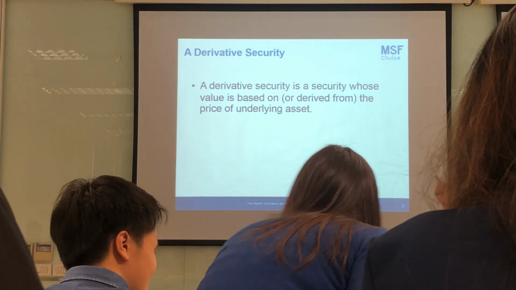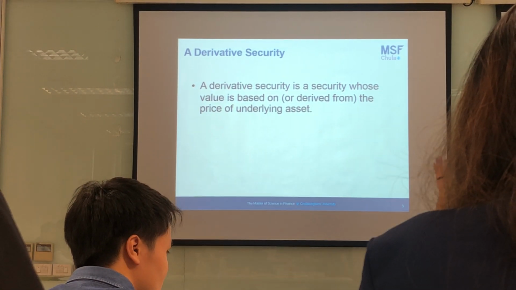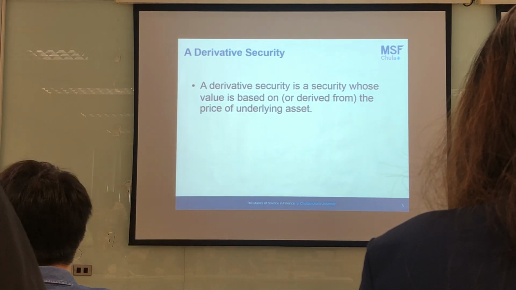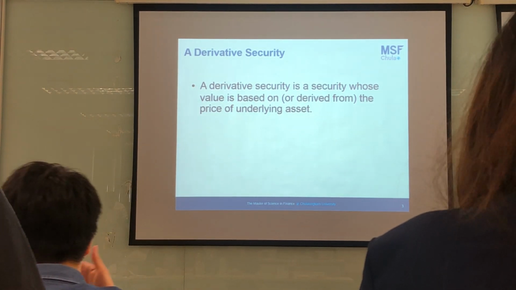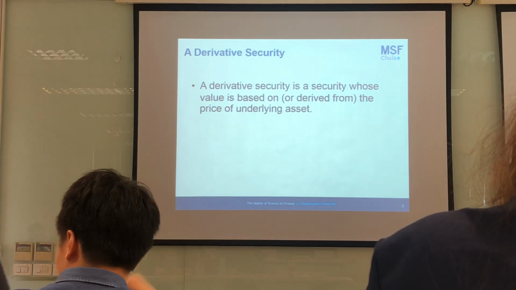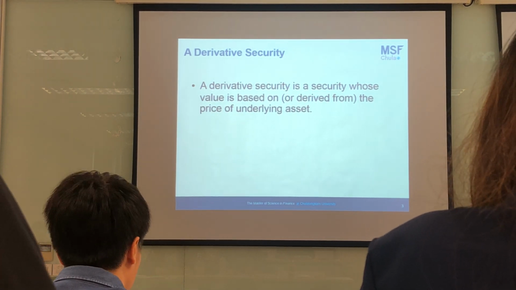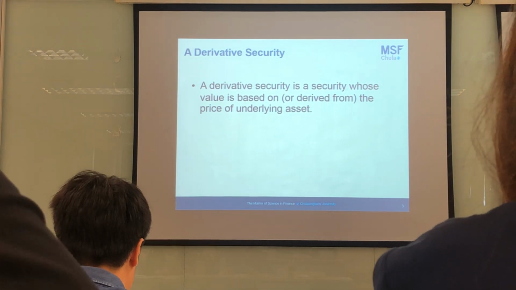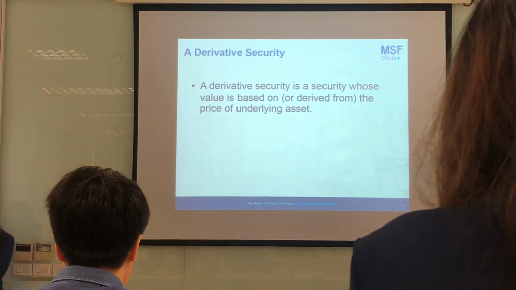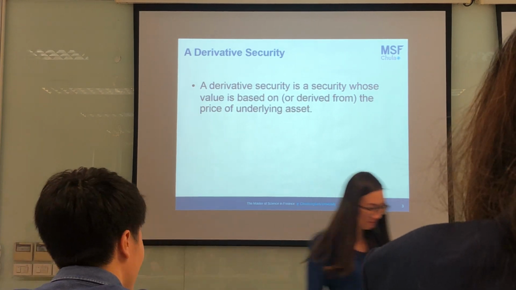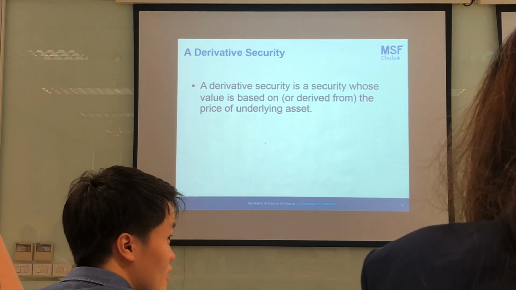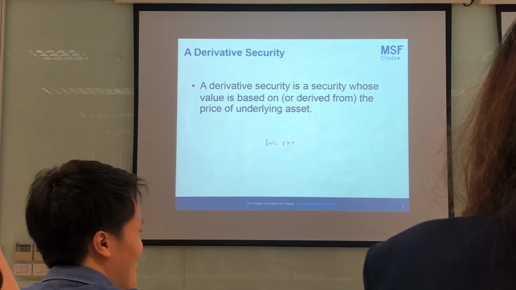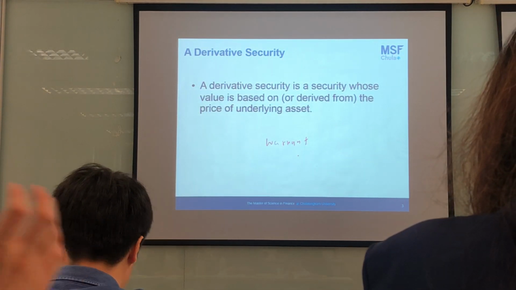So the value of the derivative increases or decreases depending on the other asset, the underlying asset. For example, one derivative that you may be familiar with is the warrant. Warrant is one type of derivative. To be specific, a warrant is a call option. We'll talk about the call option later.